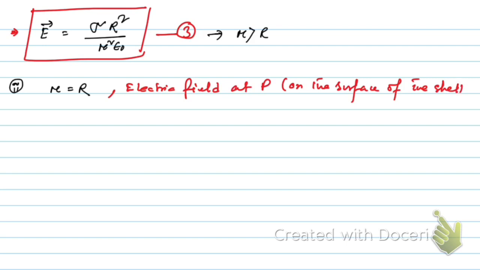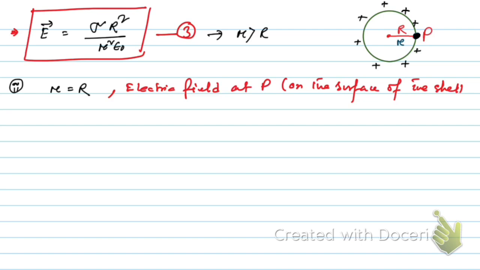Okay, so let me redraw the diagram for this case. Right. So here is the diagram. So here the point P is on the surface where small r is equal to capital R. This is the positively charged, uniformly charged shell.